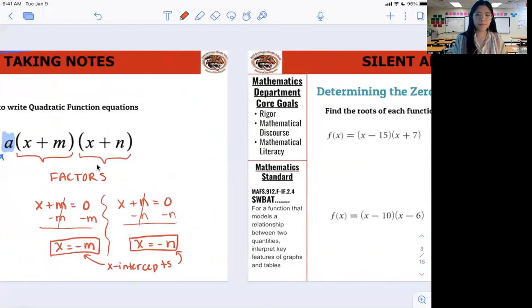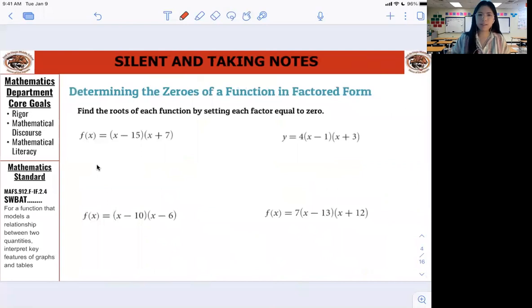All right, so what's the deal with this? So here are some examples. We're going to find the roots of each function by setting the factors equal to 0, just like I showed you on the previous slide, except now we have actual numbers to work with. So remember what each of these two binomials are, my factors.